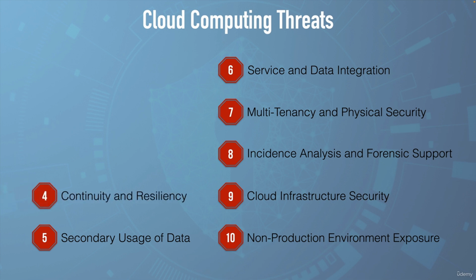Next, we have continuity and resiliency. This means that our processes, our applications, and our cloud infrastructure that we're using should be available even in the event that there is an unforeseen disaster. In other words, we want minimal downtime and we want redundancy in place. Not only that, but cloud providers should have appropriate disaster recovery methods to recover from catastrophic events, maybe such as a natural disaster.